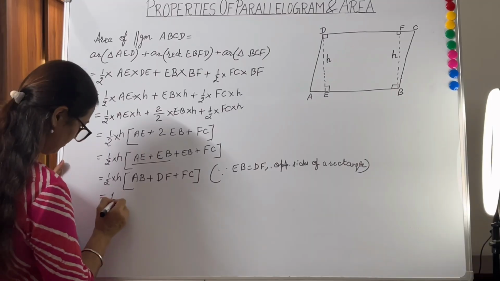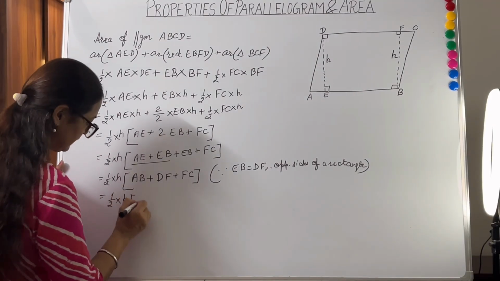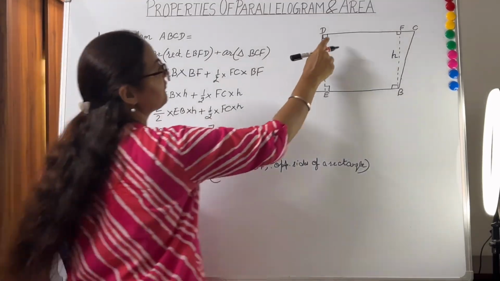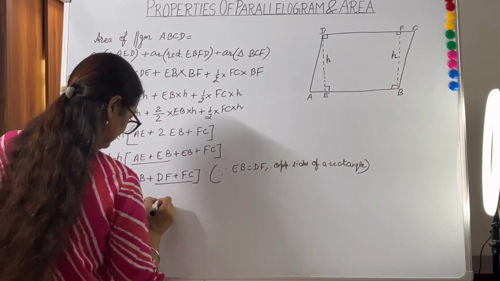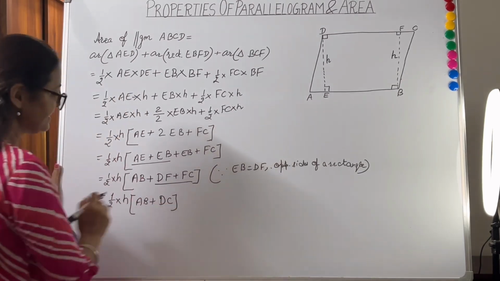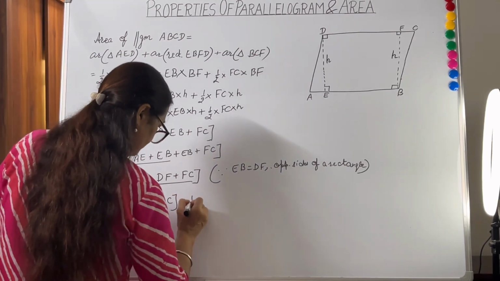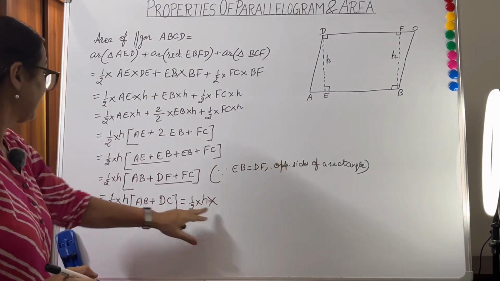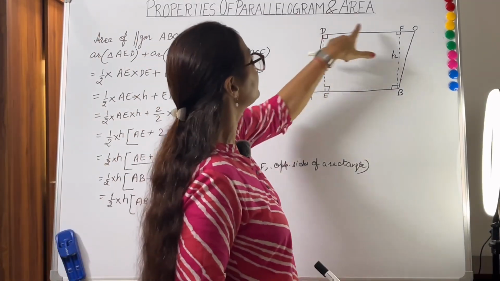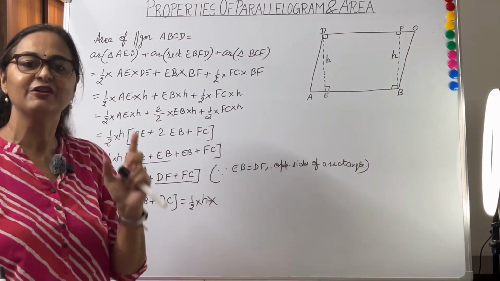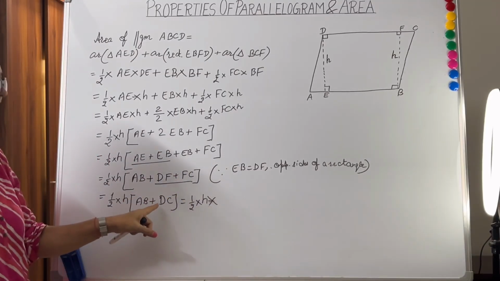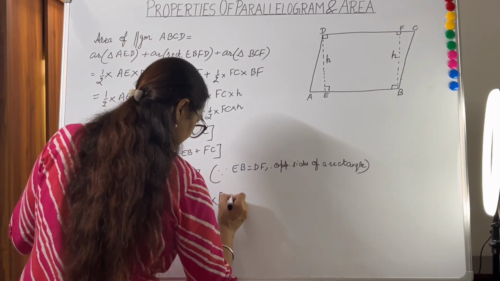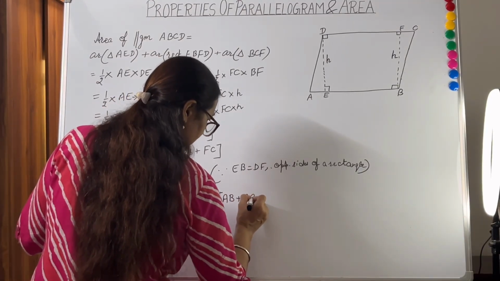So now half into h into AB plus, now here DF plus FC will become DC. So we will write DC here, equal to half into h into, now here AB and DC. AB and DC are opposite sides of a parallelogram, so they will also be equal. So again I'm writing AB instead of DC here. So half into h into AB, and in place of DC also I am writing AB.